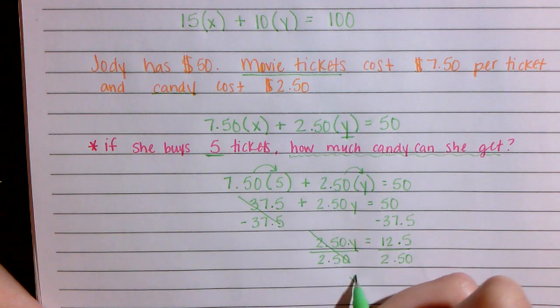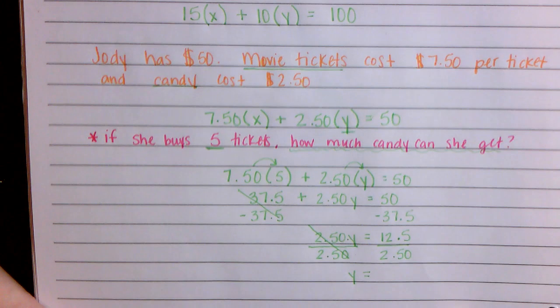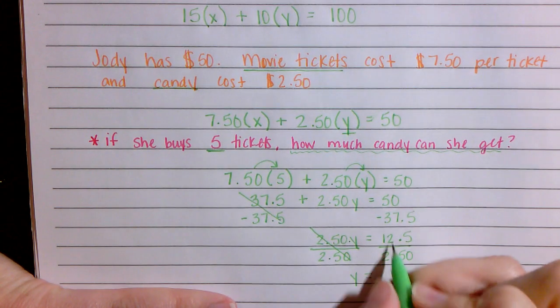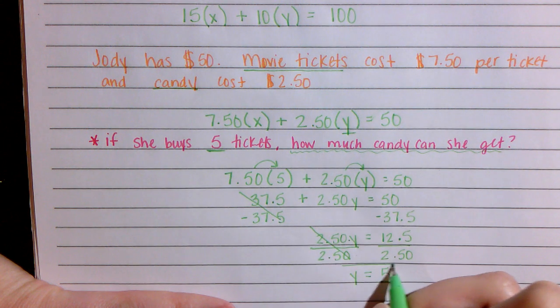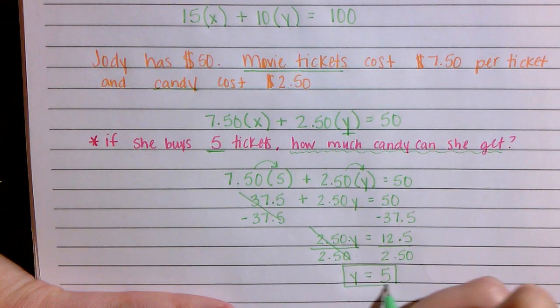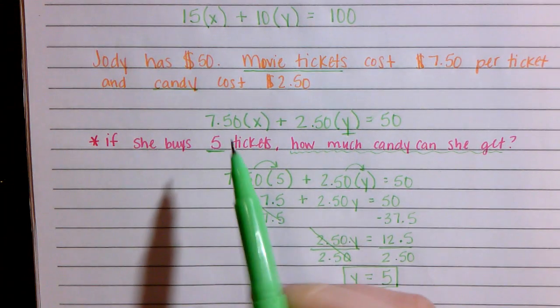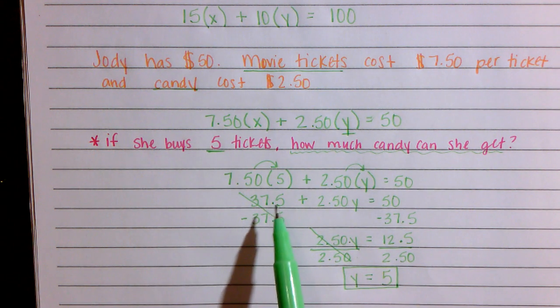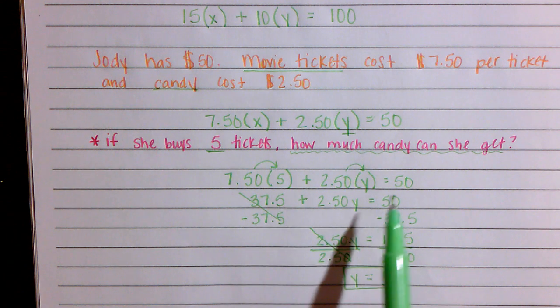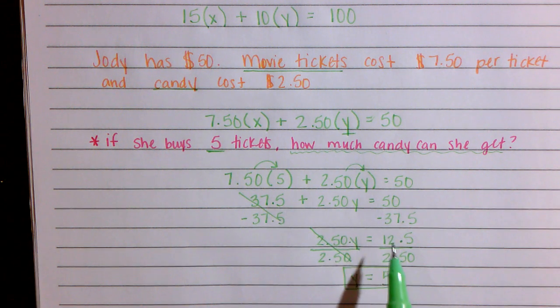And so now we have y completely by itself, and y is set equal to, when you plug this into the calculator, it's going to give you 5. So if she's bought 5 movie tickets for $7.50, that's $37.50. Well, if you subtract that from $50, which is her total, that leaves her $12.50.